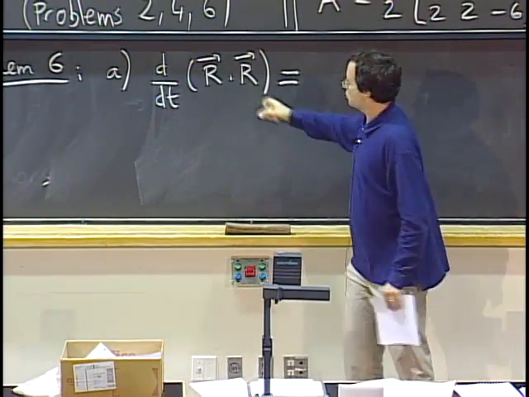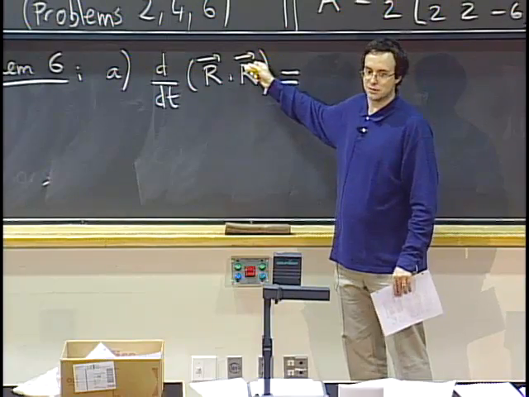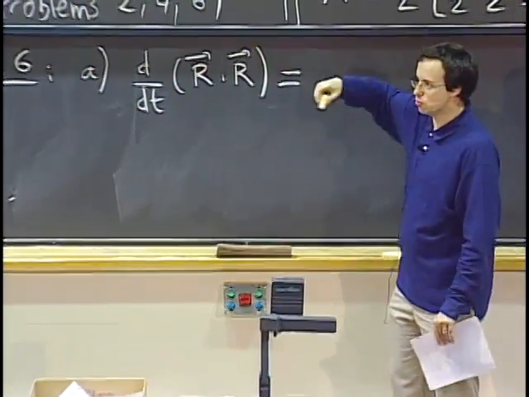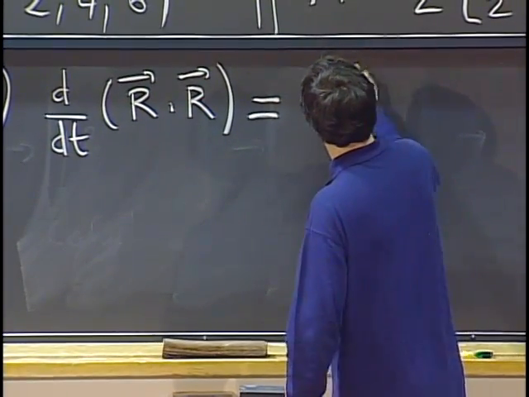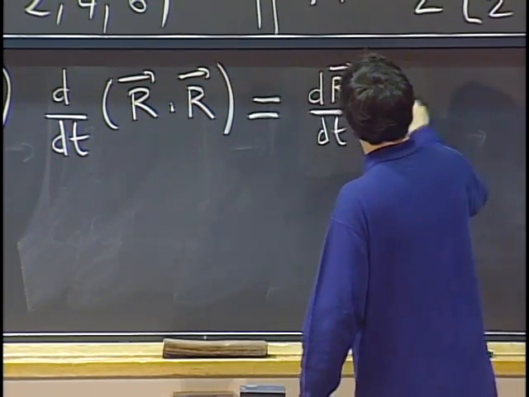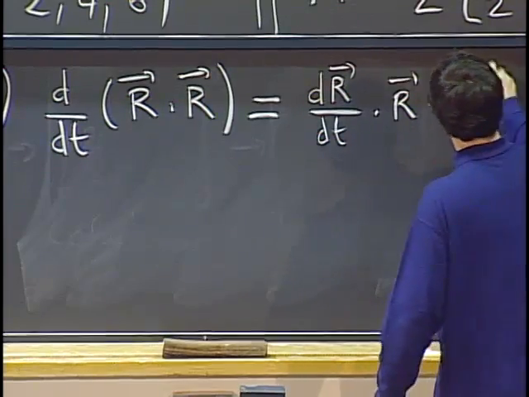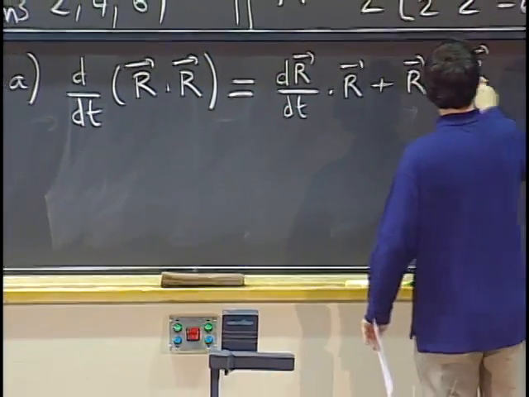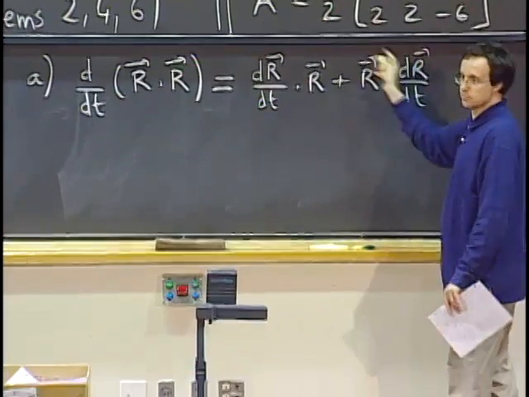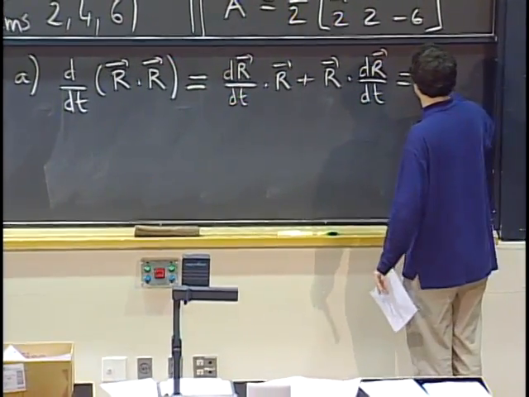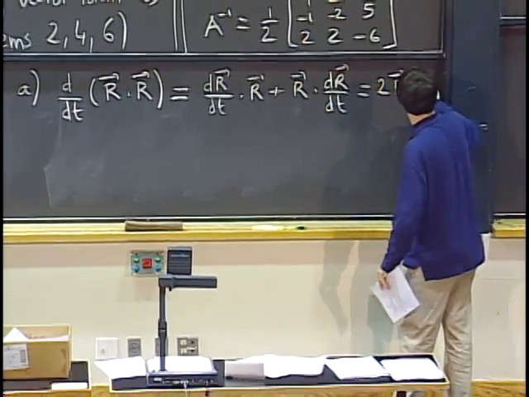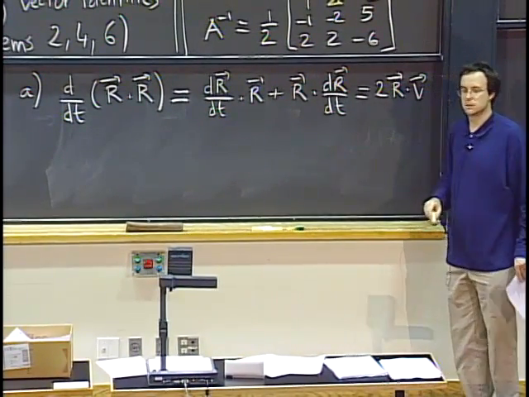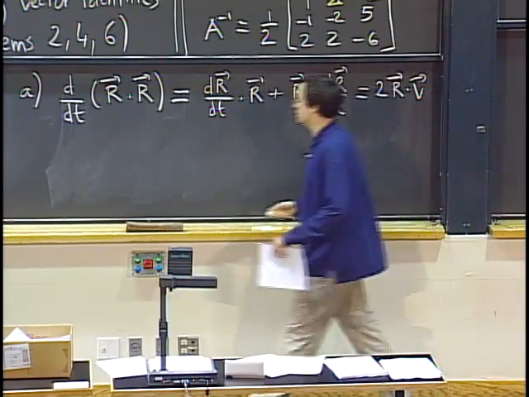Well, remember we have the product rule for taking the derivative, (uv)' is u'v plus uv', which also applies for dot products. So that's dr/dt dot r plus r dot dr/dt. And these are both the same thing. So you get 2 r dot dr/dt, but dr/dt is v, the velocity vector. Hopefully you've seen things like that.